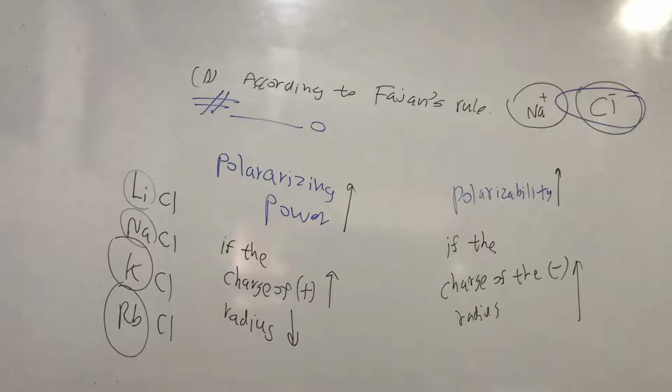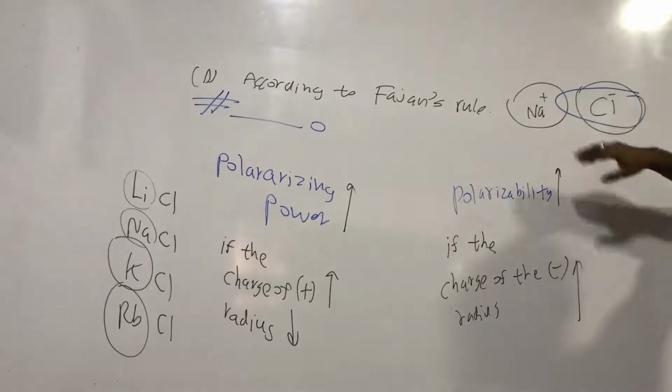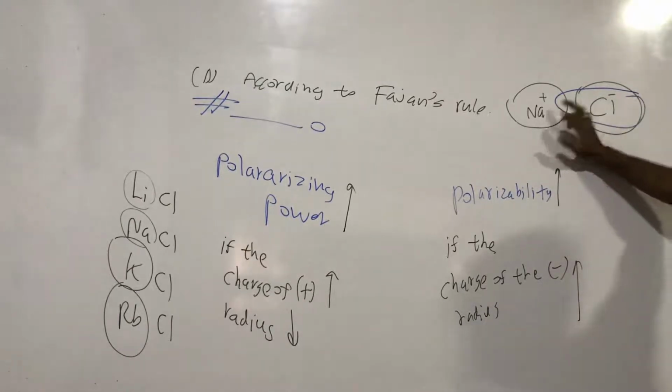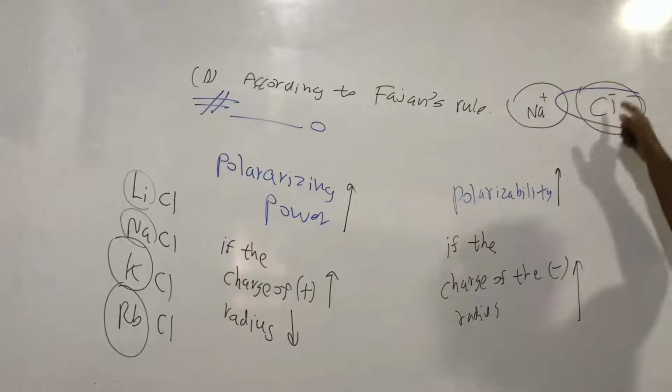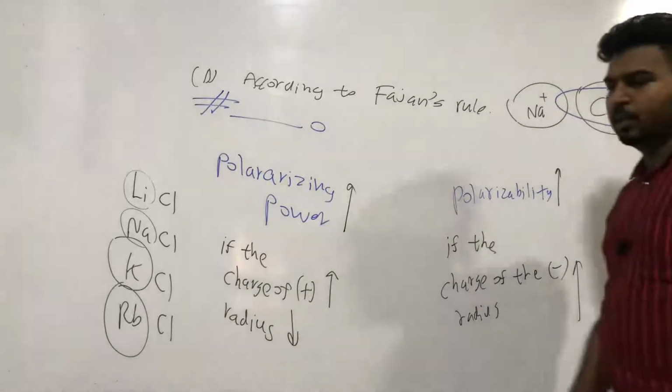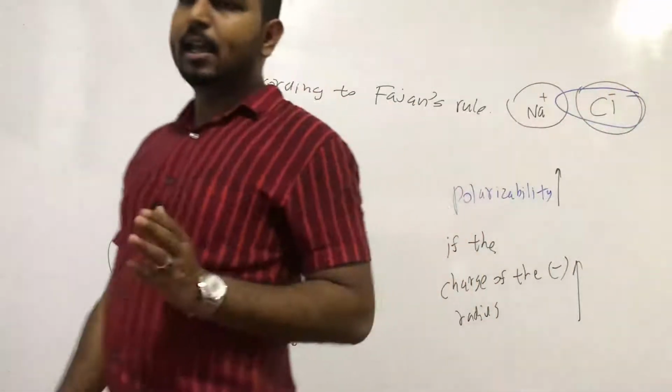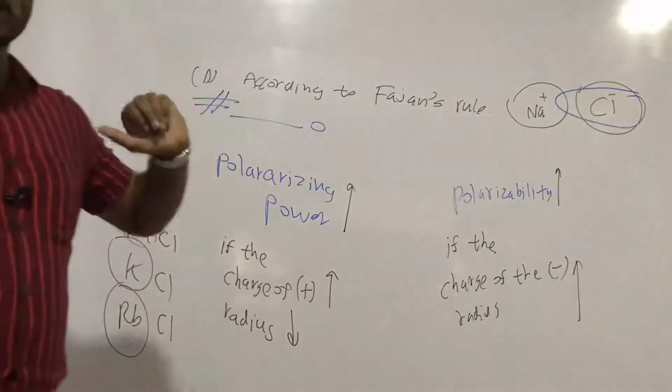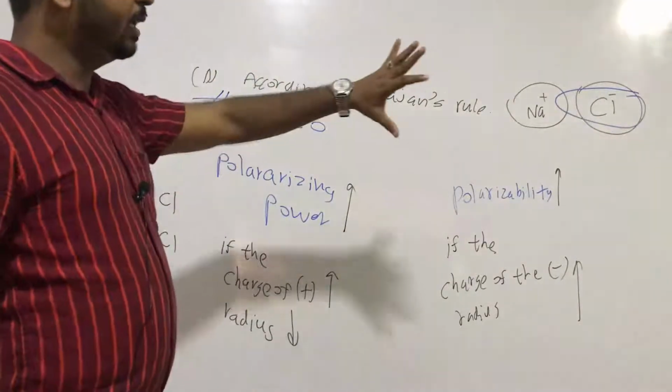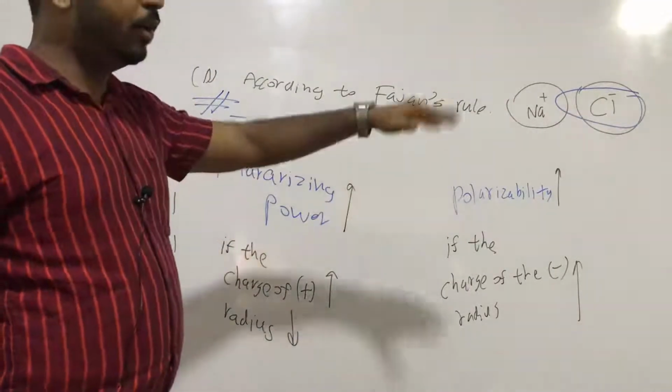The reason is that ionic properties depend on the electron cloud density. When the cation attracts the cloud of the anion, the spherical shape of the cloud decreases.